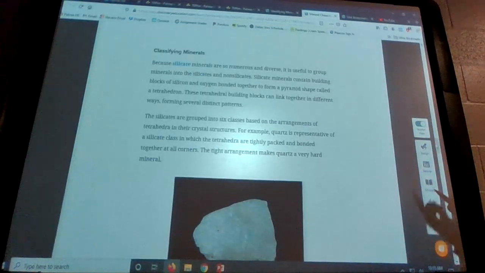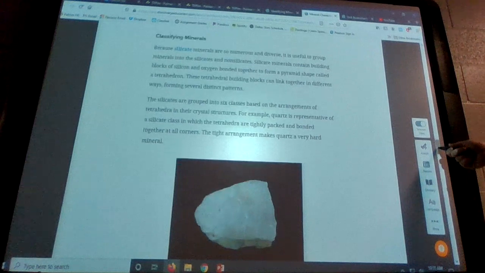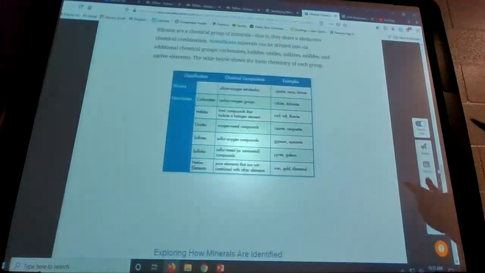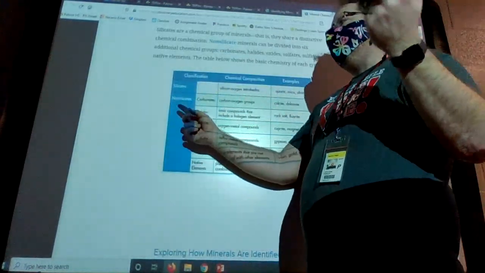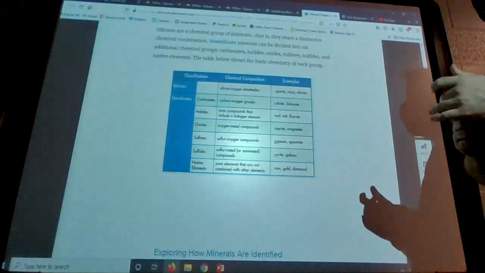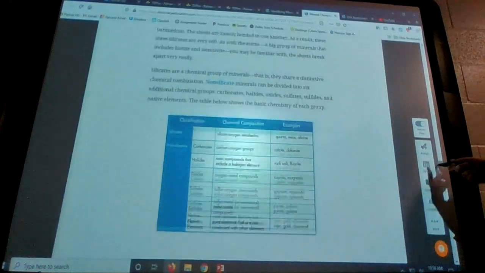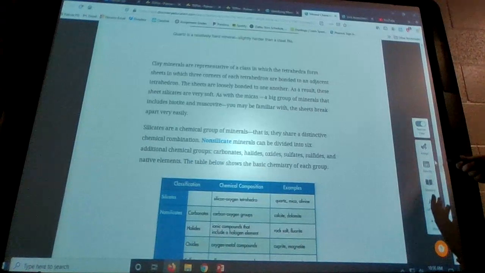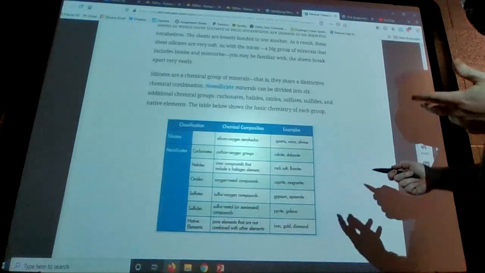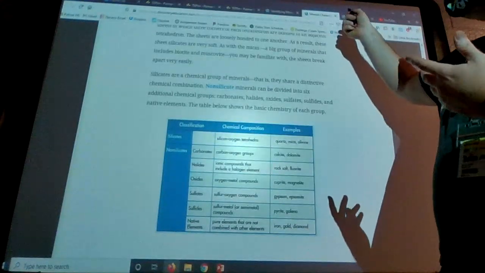And so down here, they're going to talk about classifying minerals. You're going to have 2 major groups. You're going to have your silicates and your non-silicates. Silicates are going to be based on the shape that the molecules form when they stick together. And then your non-silicates are going to be based on their mineral composition.